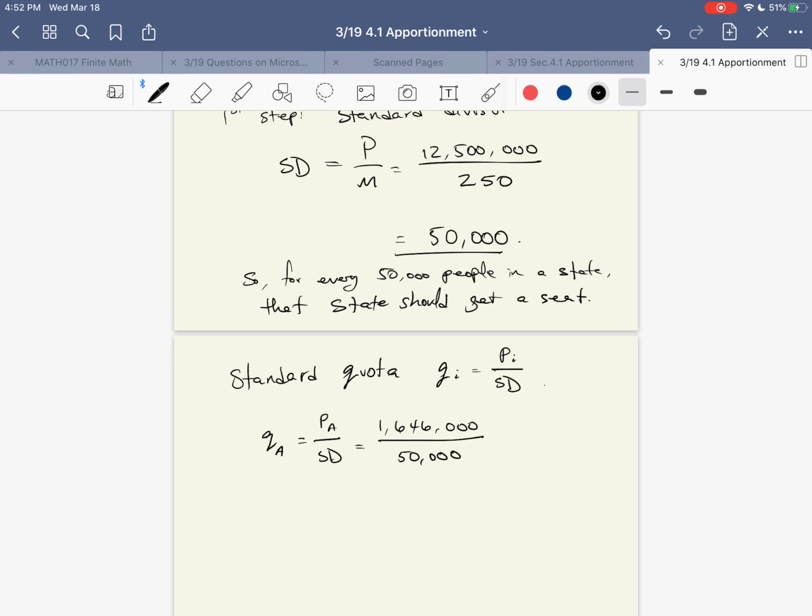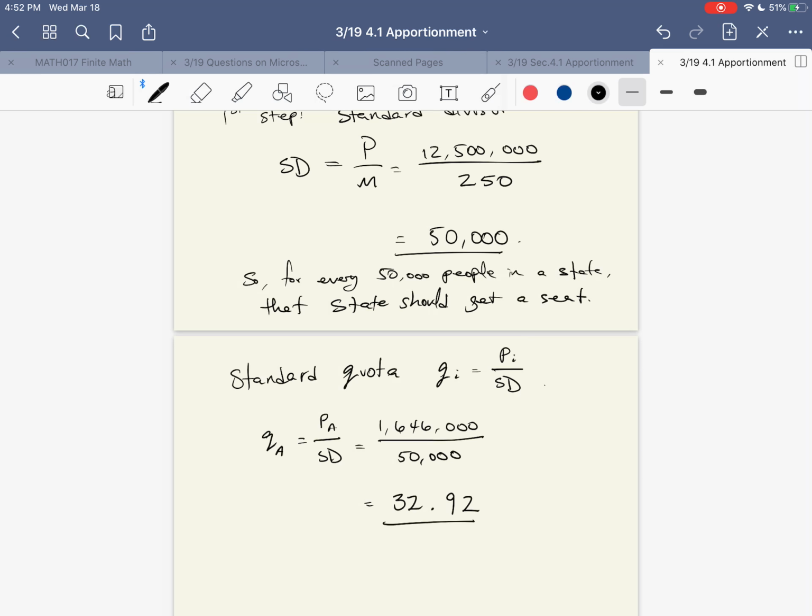And what do we get then? 1,646,000 divided by 50,000. This gives us 32.92.